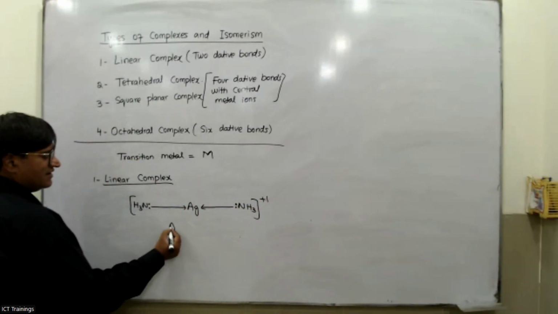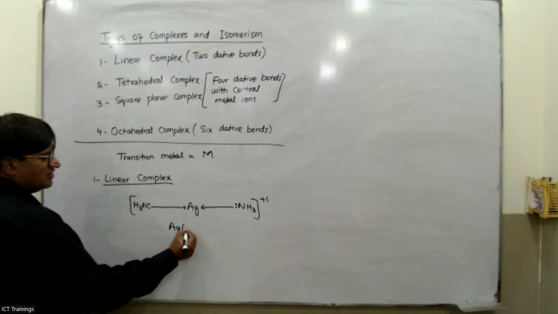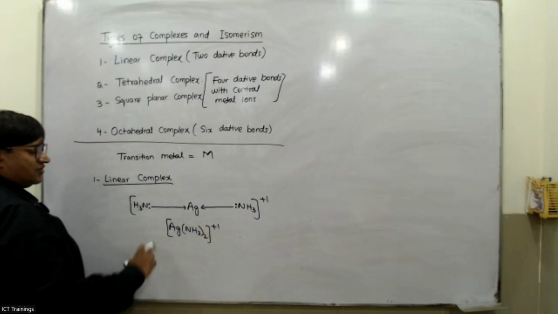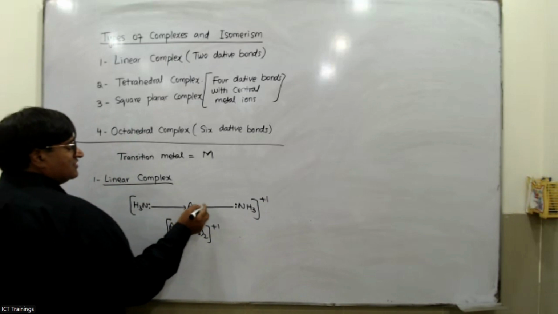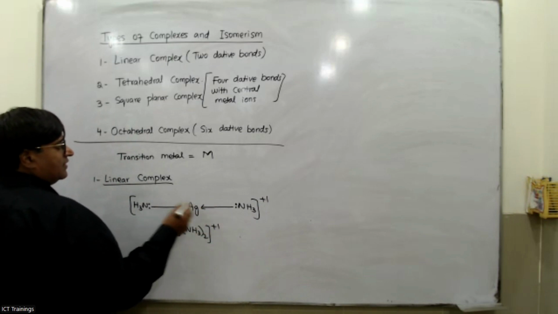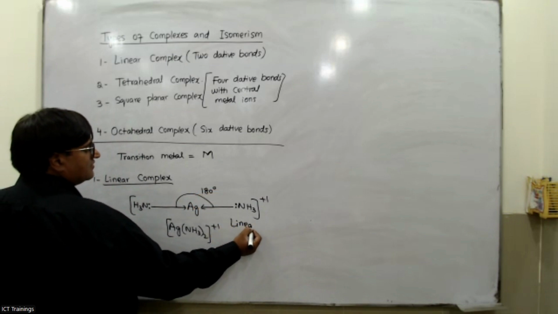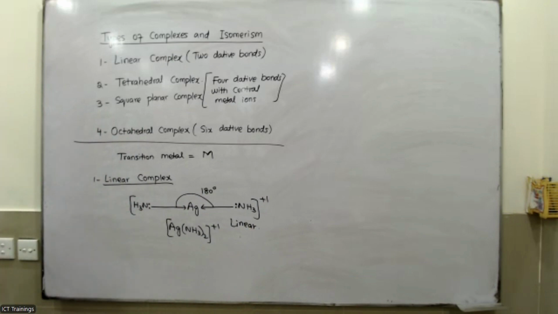If you want to write it in a simple way, Ag(NH3)2 with a positive 1 charge on it. This has 2 dative bonds, its angle is 180 degrees, and the shape is linear. Did you get it?